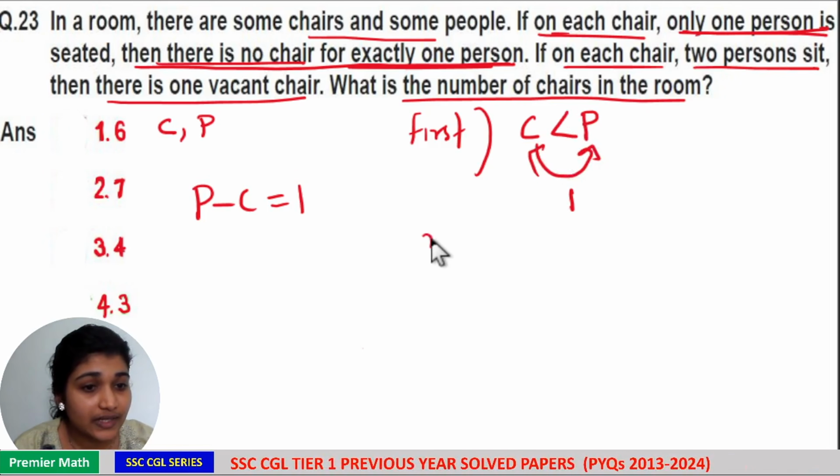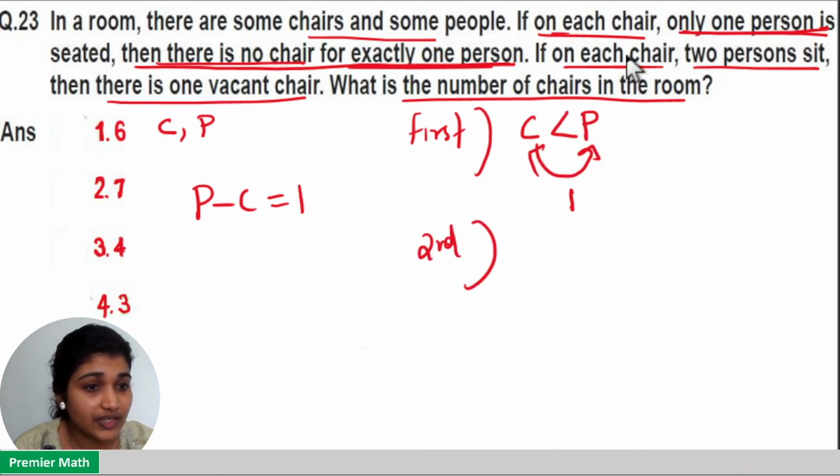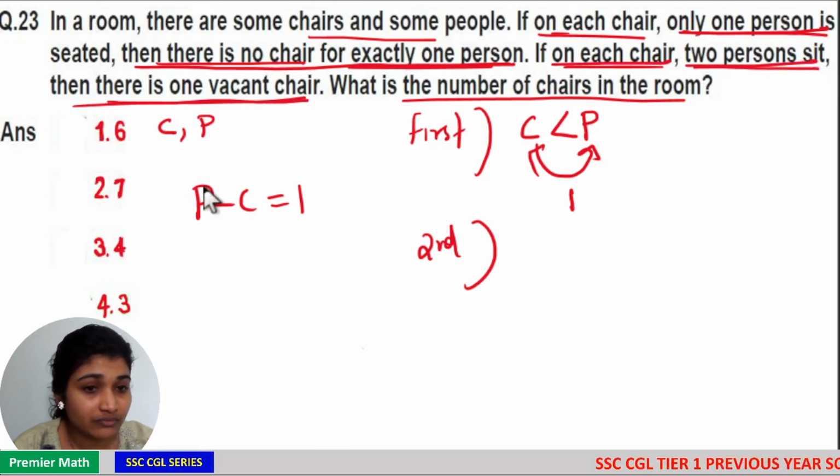Now by the second condition, it says that if on each chair two persons sit, then there is one vacant chair.